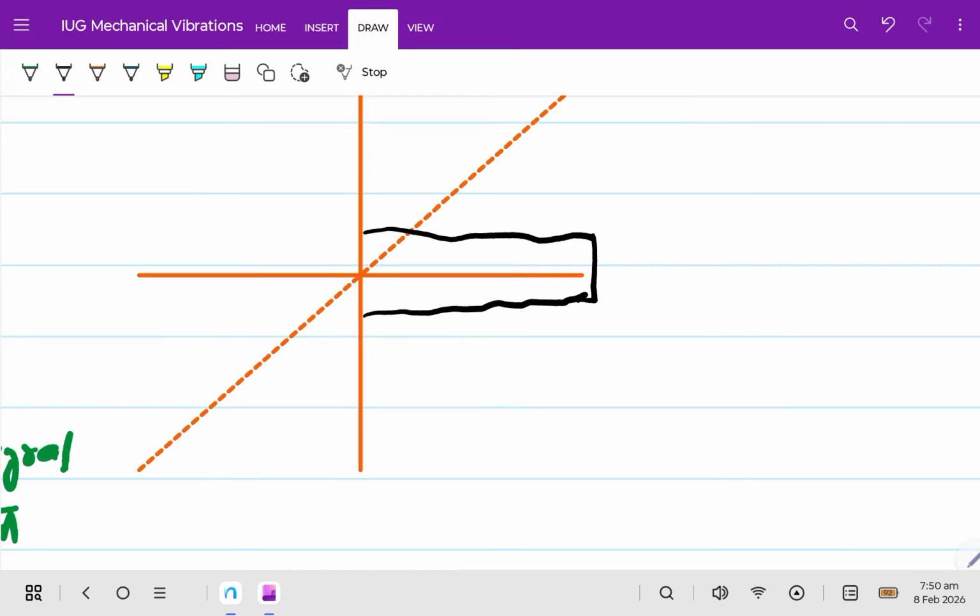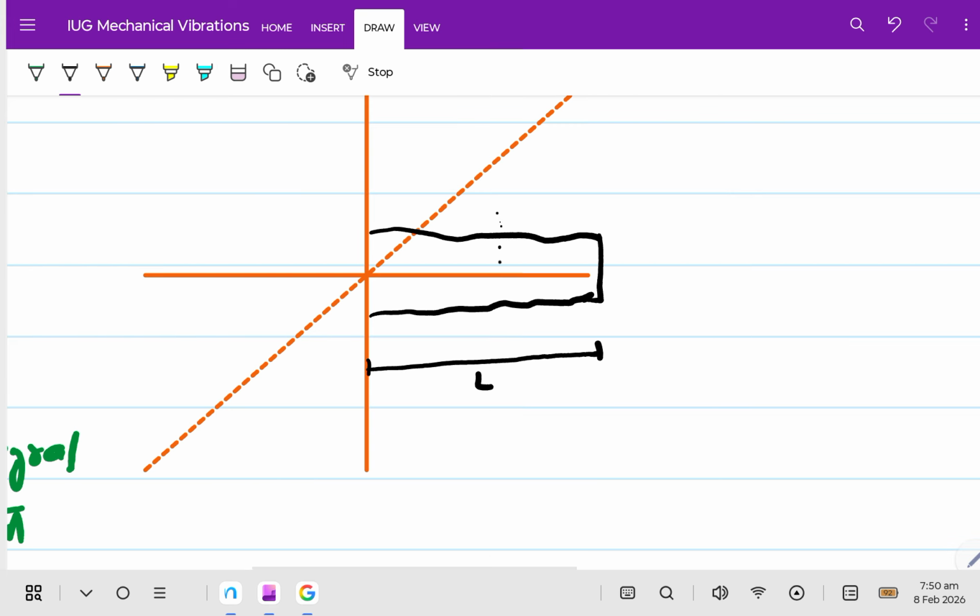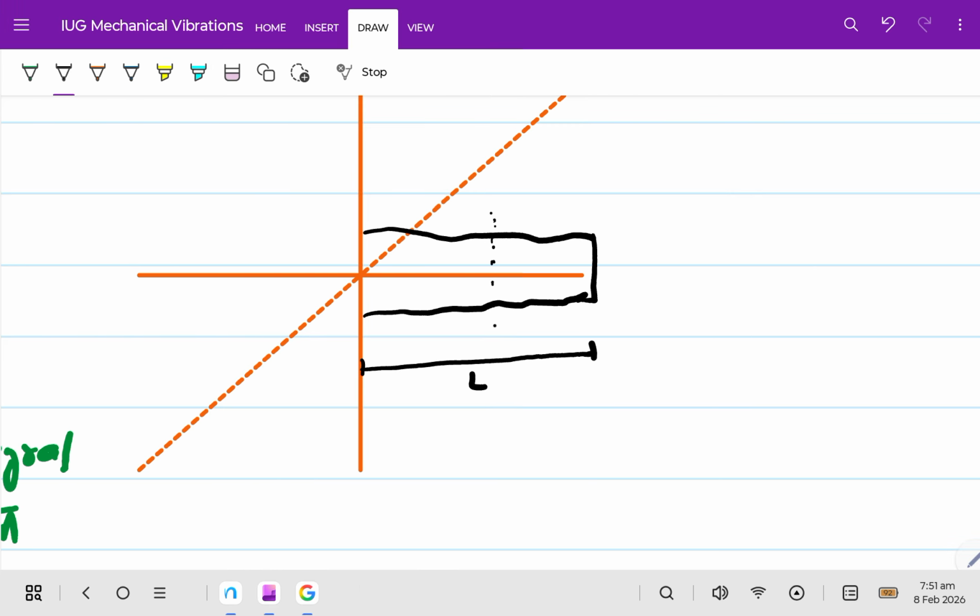The total length of that beam we can call L. Now we are trying to observe the vibration in this small section. Let's say this position is X and this is dx, and let's call this point A, this point B, this point C, and this point D.